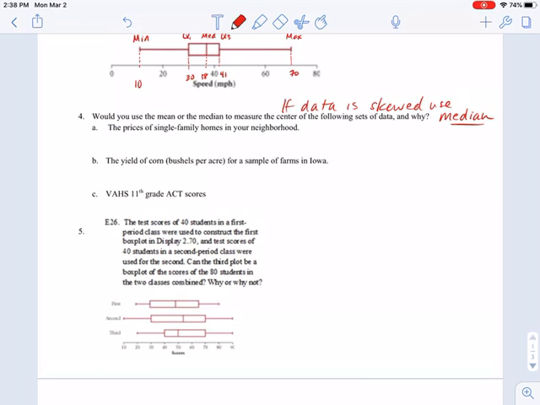And the reason is the median is less resistant to outliers. So I'm going to use the median because in my neighborhood, most of the houses are kind of normal houses, and then there's a few fancy houses. There are a few outliers.